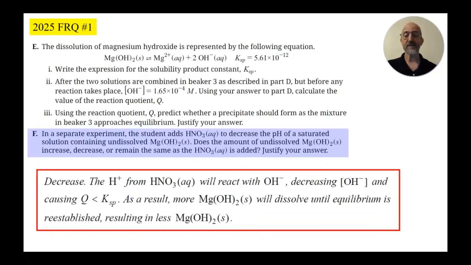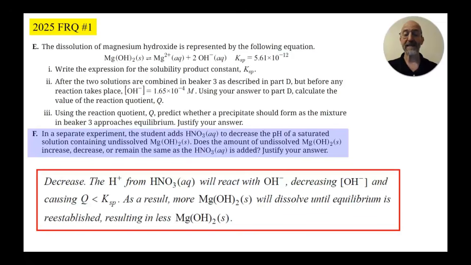So the correct answer is the following. Yes, the amount of undissolved magnesium hydroxide will decrease, but I'm not showing the acid reacting with the solid. I'm showing the acid reacting with the hydroxide ions that are already in solution. Here comes the Q versus K. Acid reacts with hydroxide. Hydroxide concentration decreases, causing Q to become less than Ksp.